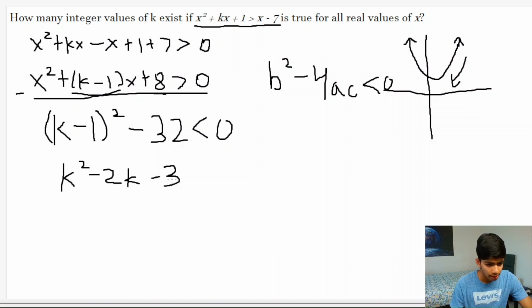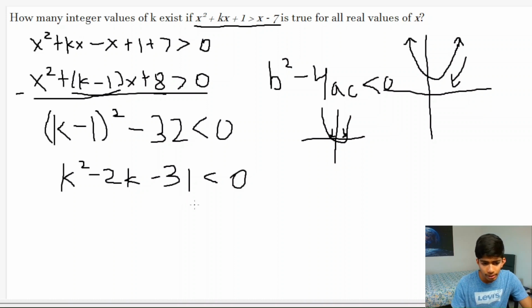And we get k squared minus 2k minus 31 is less than 0. Now all we have to do is solve for k. As you know, this is going to be a quadratic, and we want to find the values where it's less than 0. So we just have to find the x-intercepts, and all the integer values that lie between those x-intercepts will be part of the answer.